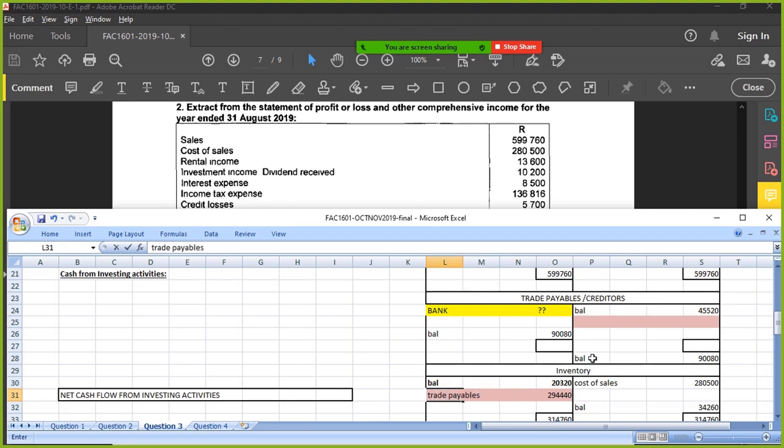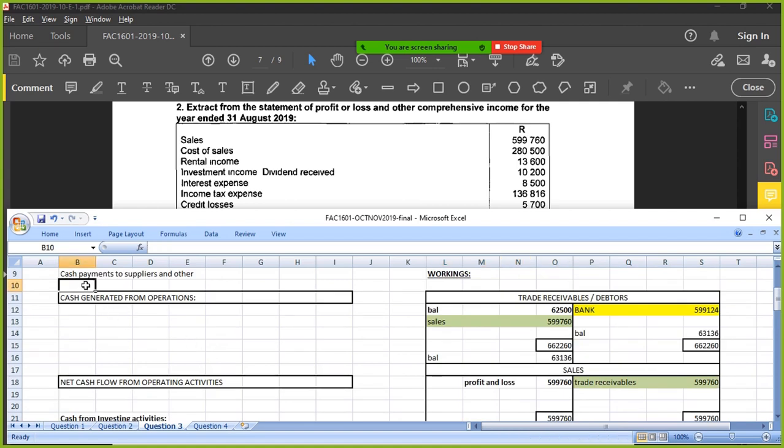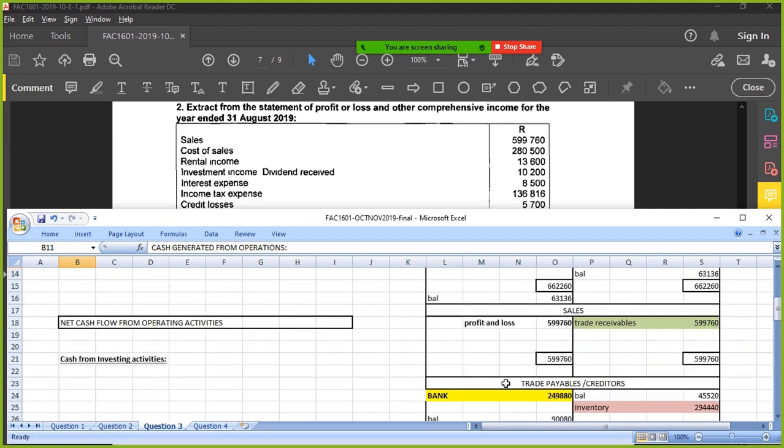Trade payables. This side is bigger. There's your first payments. What is it? 249,880. Great. There's a figure.